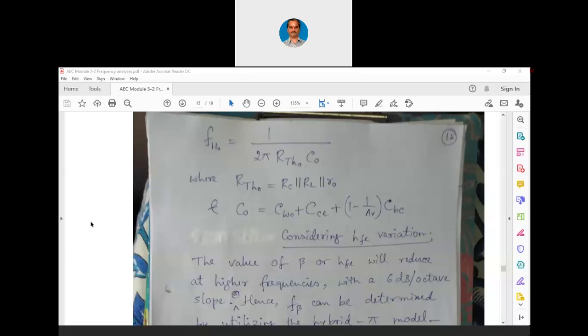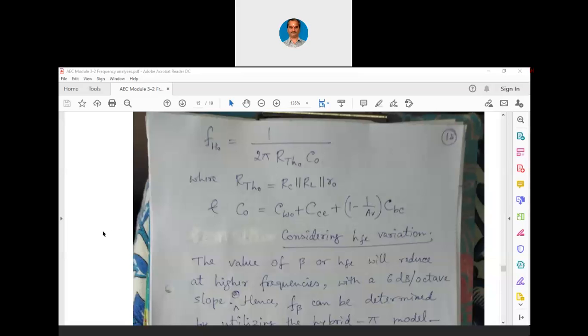So naturally, whichever is the least frequency, that capacitance is going to be the dominant one, because the higher frequency is anyhow going to come down below that 3 dB, and we are not interested in the further frequencies. Anyhow, the gain is going to be lesser there. Okay. Later on we will have exercises based on this FHI and FHO.